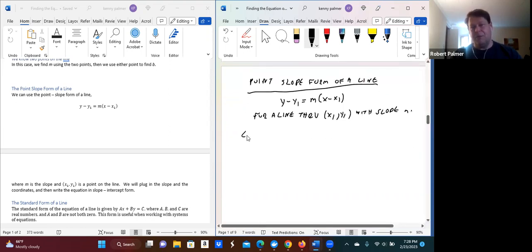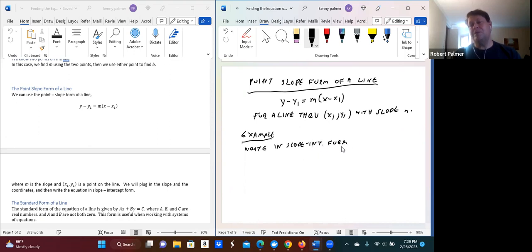Now let's look at an example. What we want to do in our example is write in slope intercept form.